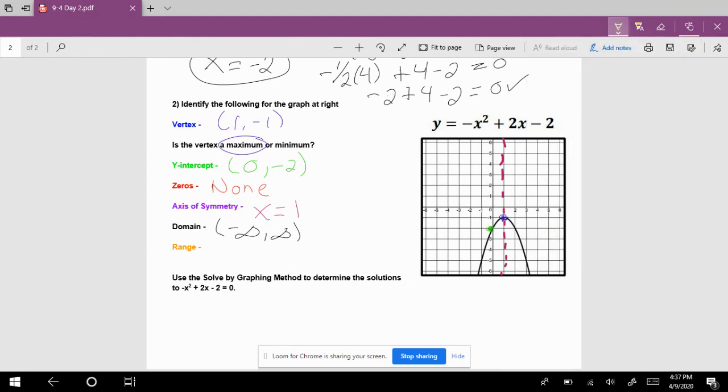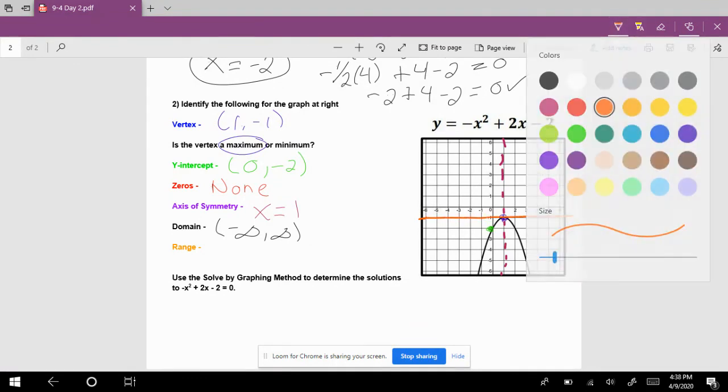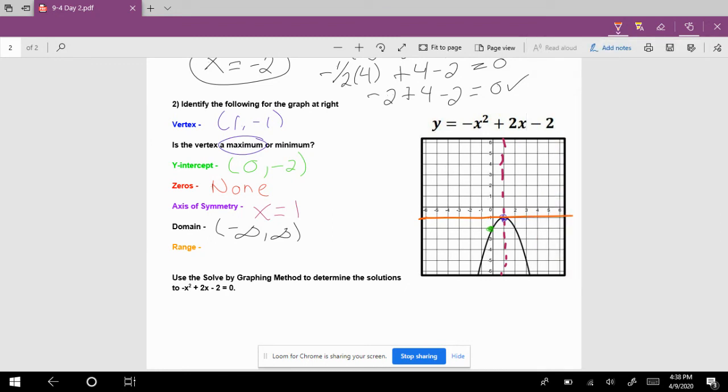My range, okay, I'm going to draw that horizontal line. I don't go any higher than that. So I know that I'm going to be approaching negative infinity. And the highest y value is negative 1, and that's going to have the bracket because I can equal negative 1.